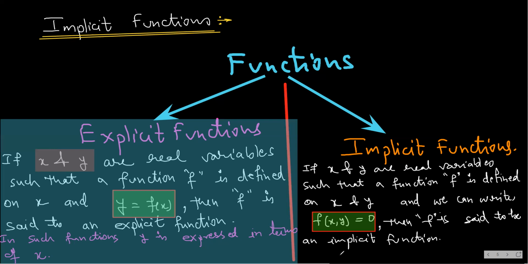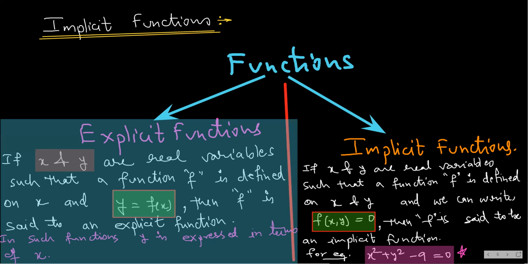I will give you an example for this. For example, suppose I have x square plus y square minus 9 equal to 0. So definitely there is a function defined here also. But do you have the y equal to f of x form here? No. Definitely there is a rule.